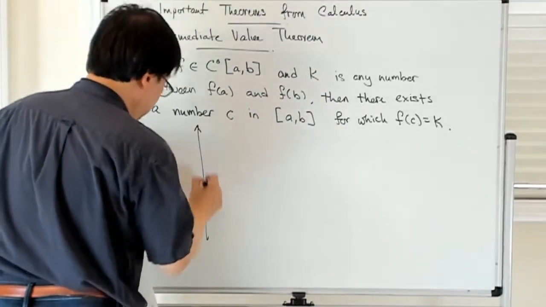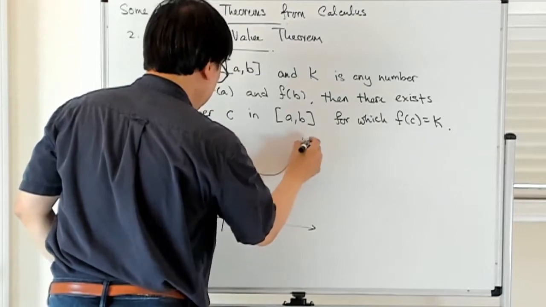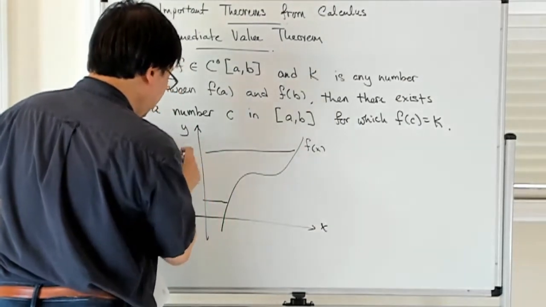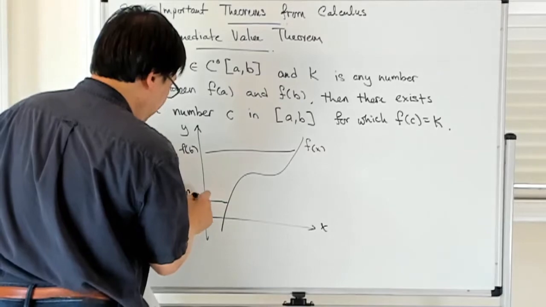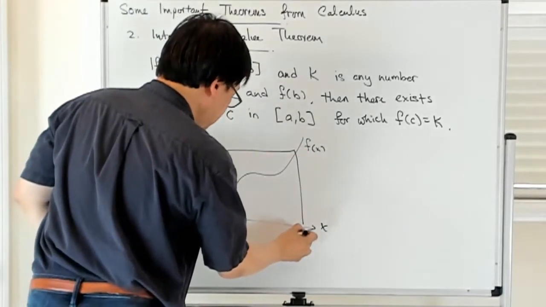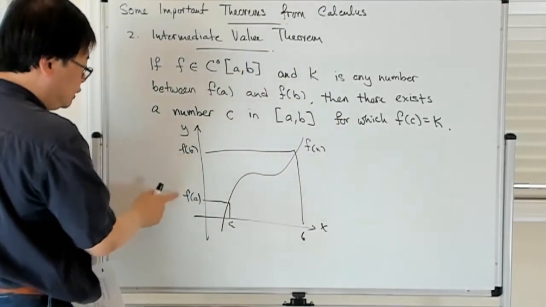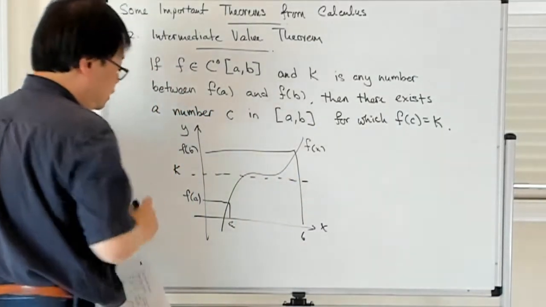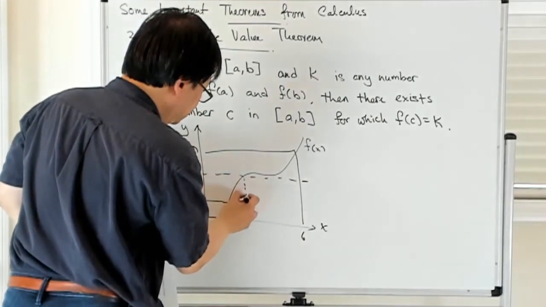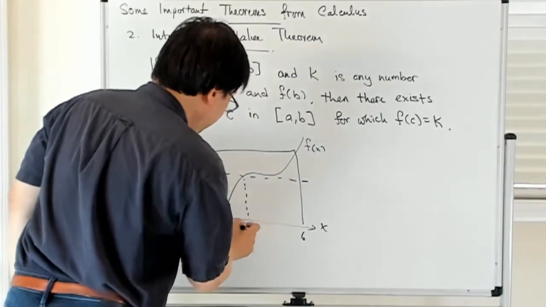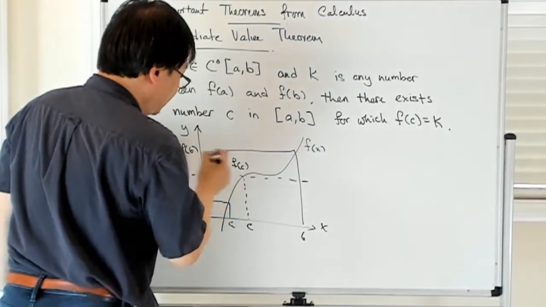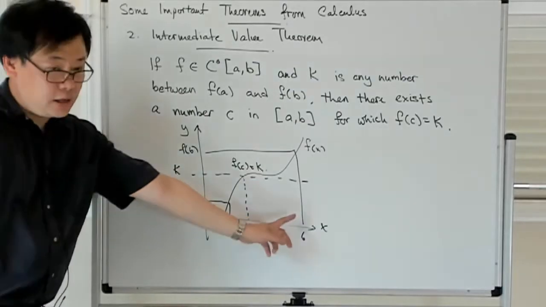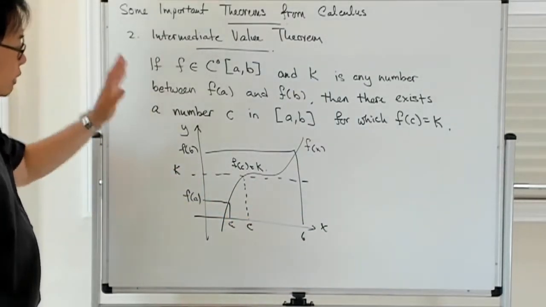Again, if you have some function f of x, and there are two values, f of b and f of a, at the endpoints, then if you choose any k in the interval from f of a to f of b, there is some point c in this continuous function for which f at that point c is equal to k.